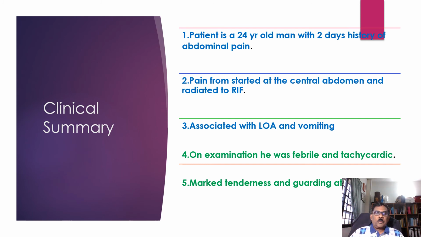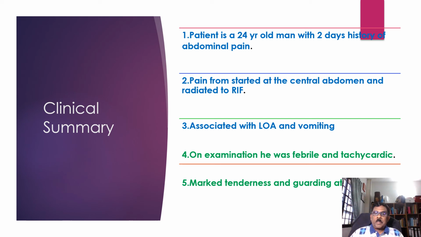So we make a short summary, we give a clinical summary of 5 sentences, which I think is more than enough for this patient. First, a 24-year-old man with 2 days history of abdominal pain. Then the nature of pain, central abdomen related to RIF, associated with loss of appetite and vomiting.